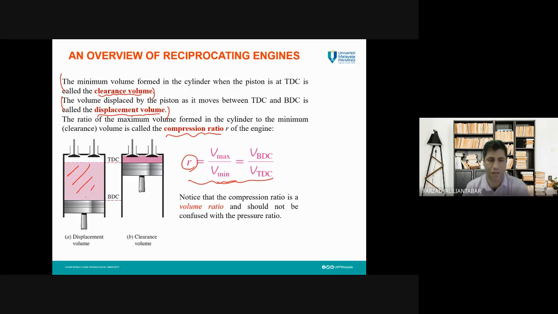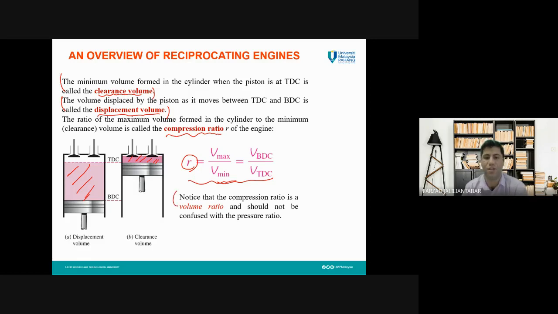So this is displacement volume, this is clearance volume. To find R, we need Vmax and Vmin. Vmax is the sum of these two, displacement plus clearance, but Vmin is only clearance.